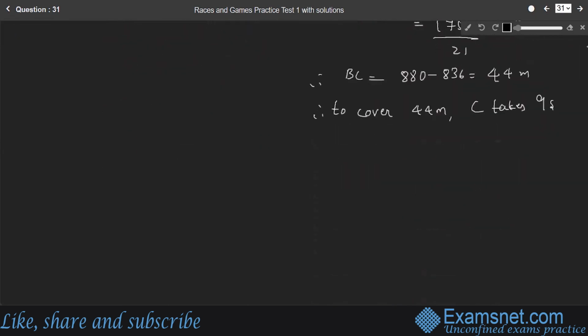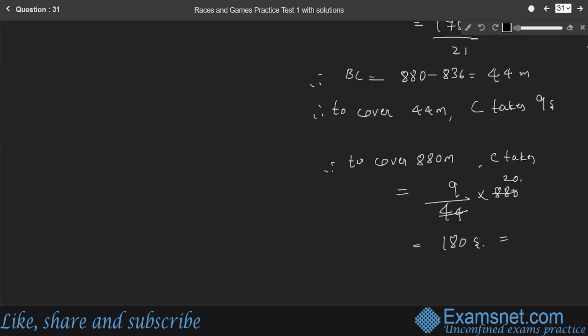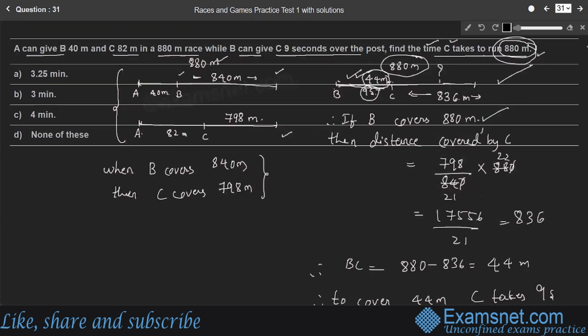So to cover 880 meters, simple calculation: 44 into 20 is 880, so 9 into 20 is 180 seconds. 180 seconds is nothing but 3 hours, right? So C takes 3 hours of time to cover the whole 880 meter distance, right?